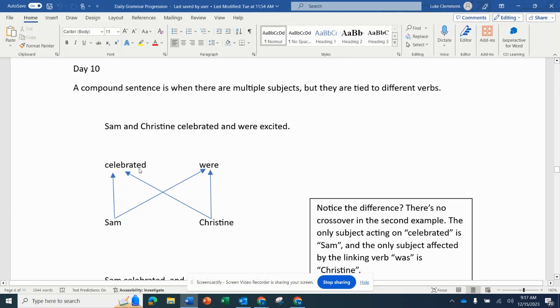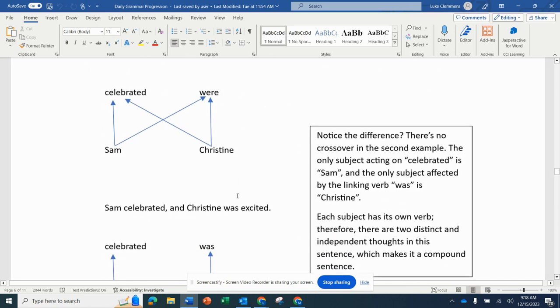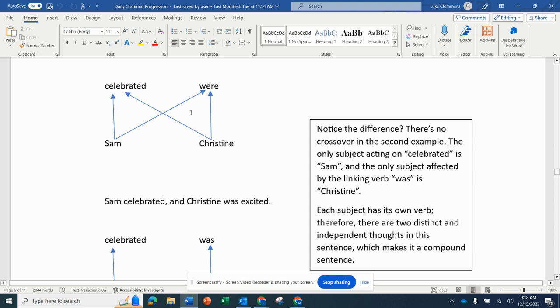Okay, so who or what celebrated? Well, Sam and Christine. And then the linking verb were applies to both Sam and Christine. So what you see here is there's this crossover. All of the subjects are sharing all of the same verbs.